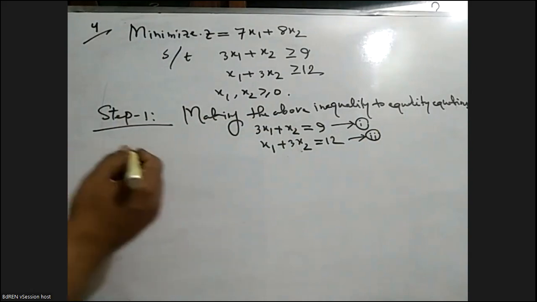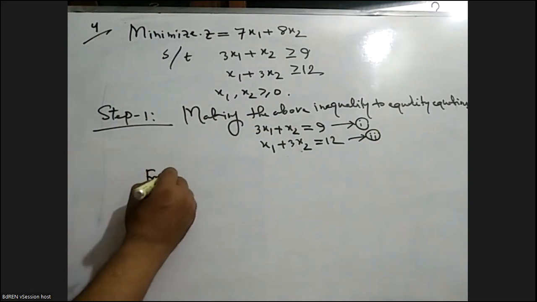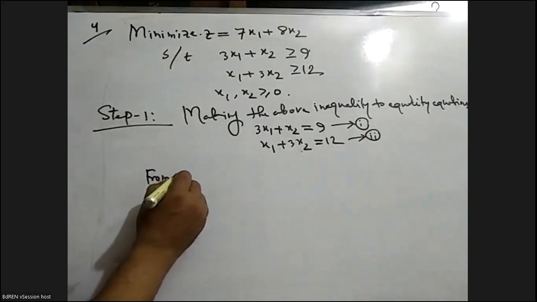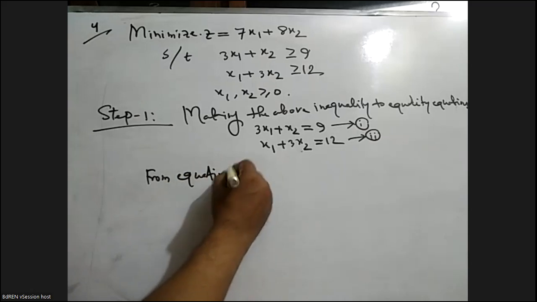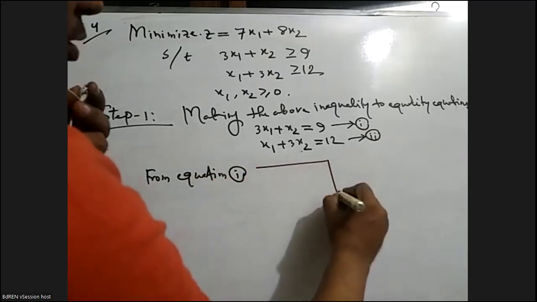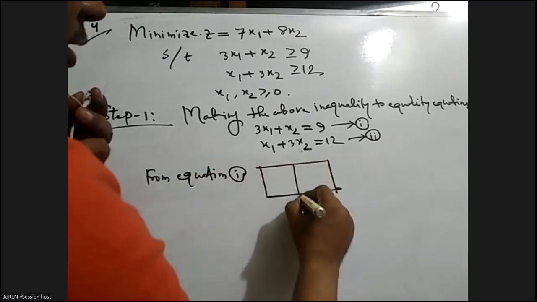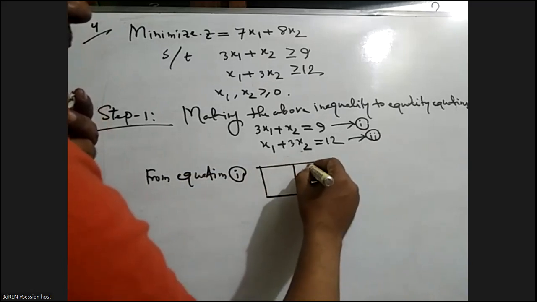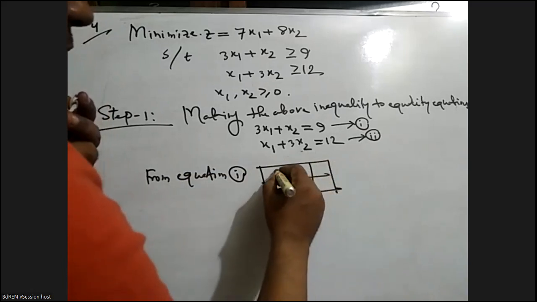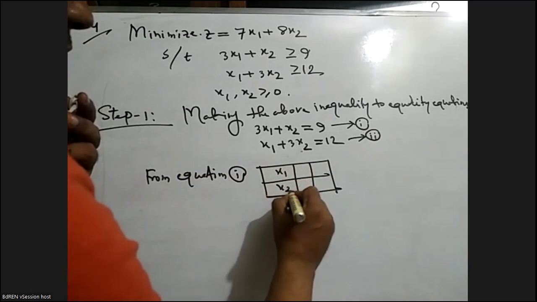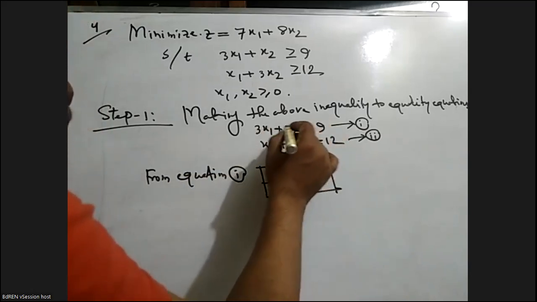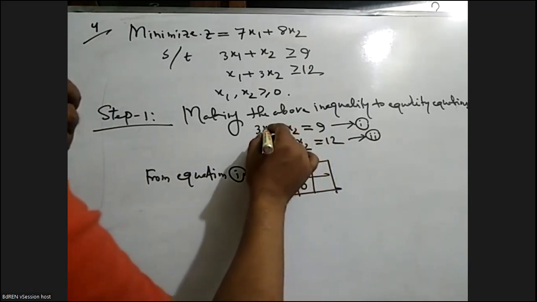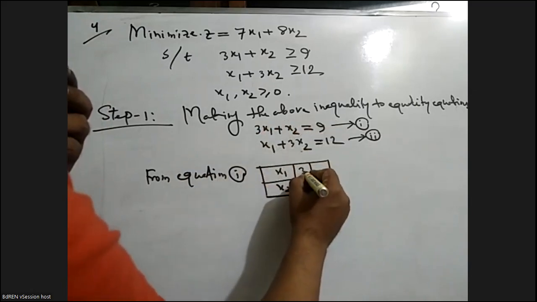So from equation 1, you can draw the box as previous one. So x1 and this is the x2. If x2 equals 0 from equation 1, then x1 equals 3.